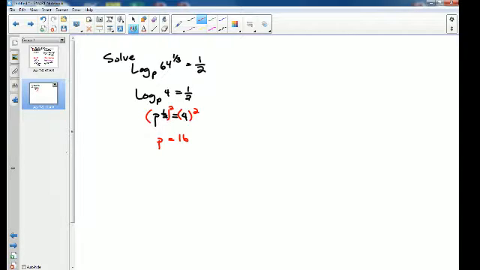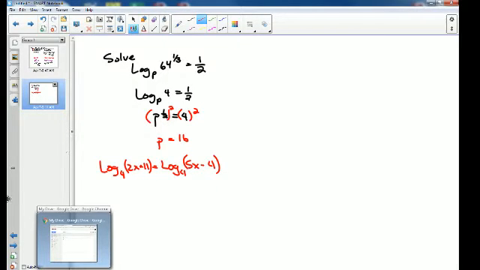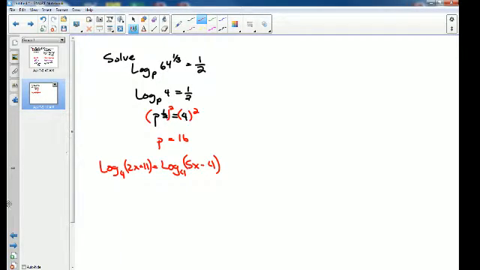Here's another one. Log base 4 of 2x plus 11 equals log base 4 of 5x minus 4.